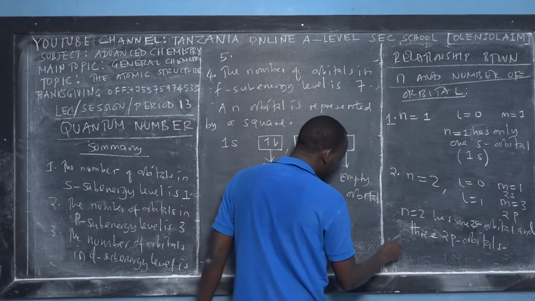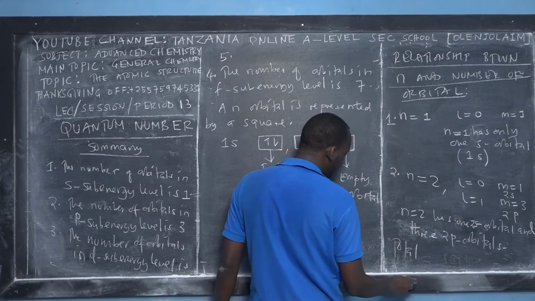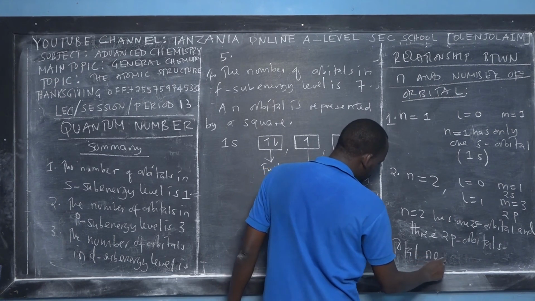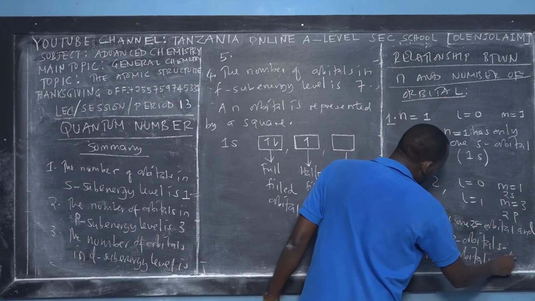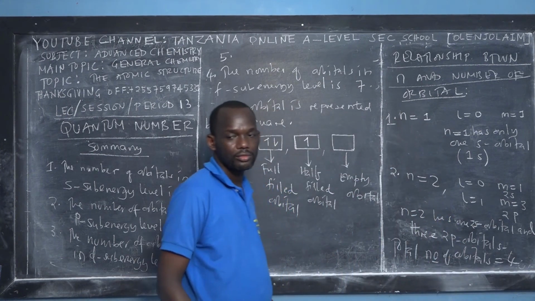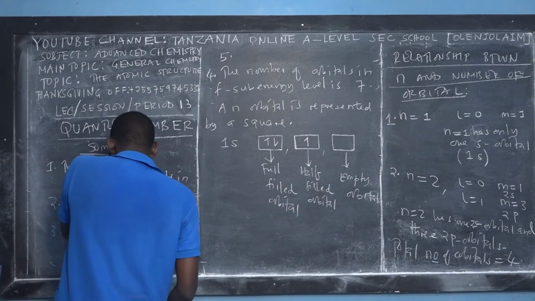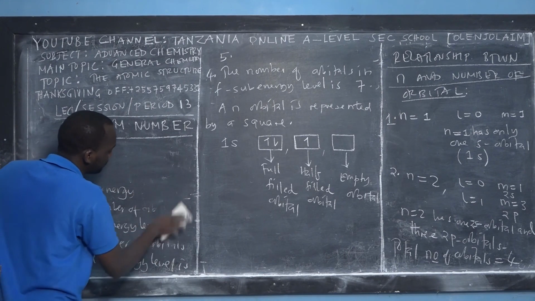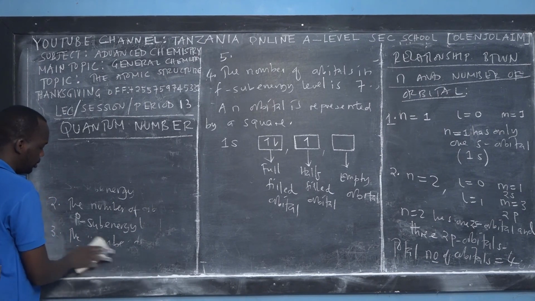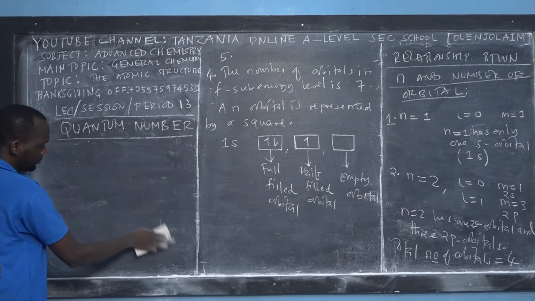So the total number of orbitals that we find when n is equal to 2 is 4: one s orbital and 3 orbitals of p sub-energy level.